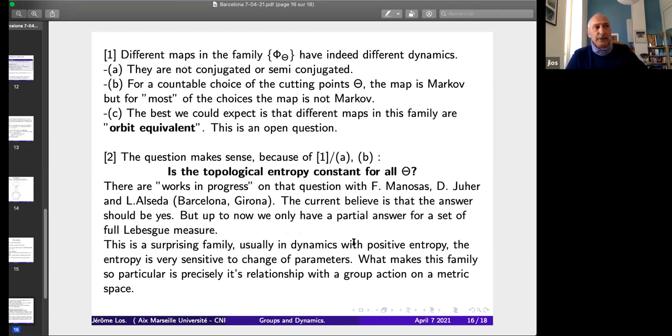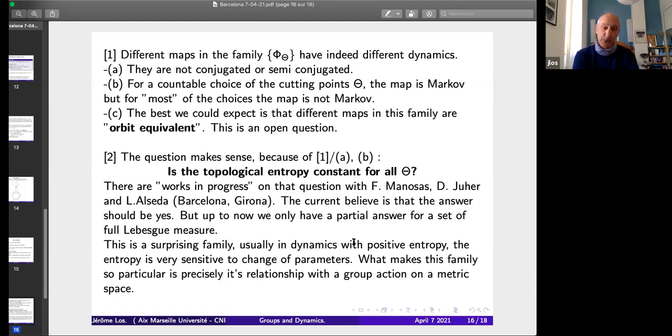You remember that in the Bowen-Series theorem and in my theorem, there was a statement that there exists a map that was Markov. Among all the maps in that family, many of them are Markov. In fact, there is a countable choice of the cutting point theta for which the map is Markov. But for most of the choices, the map is not Markov.